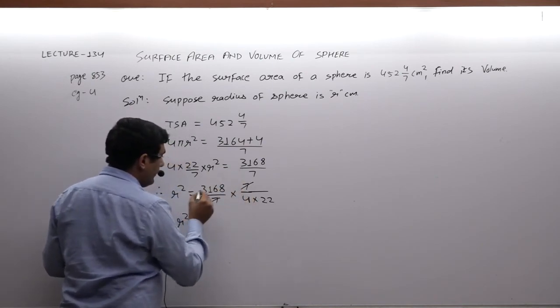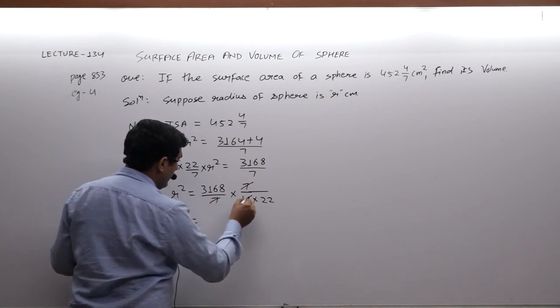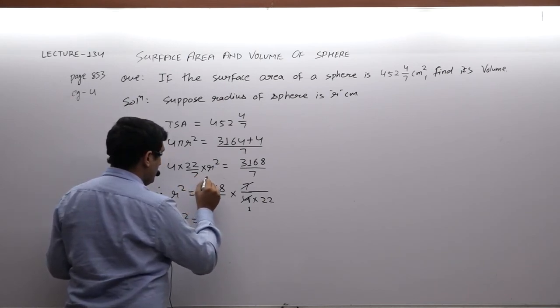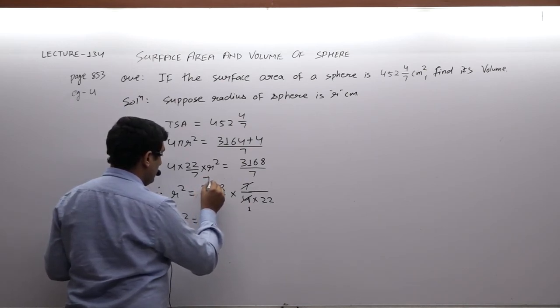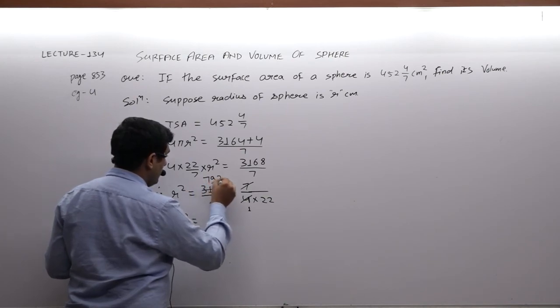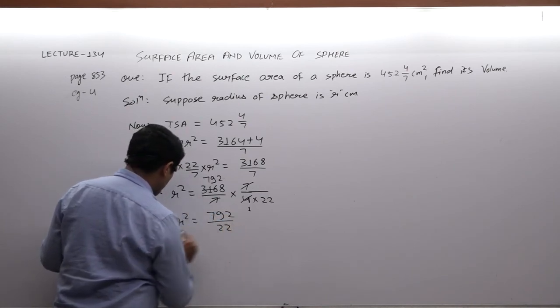It is also divisible by 4. So first we'll divide it by 4. Okay, 792 upon 22.